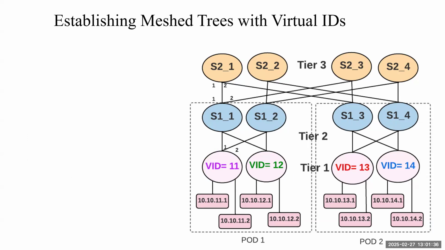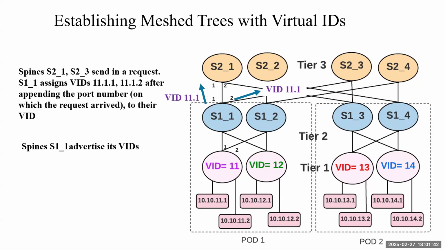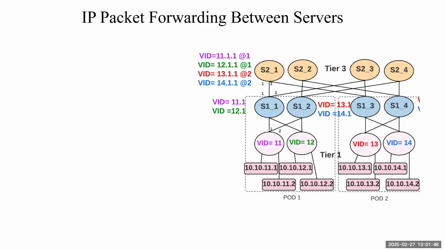The same thing goes on to the top tier spines, and they get their VIDs. So the routes are set up using these virtual IDs from the TORs to the top tier spines. Let us look at S21. S21 has a virtual ID from all the 4 TORs. Similarly for S22, S23, S24.